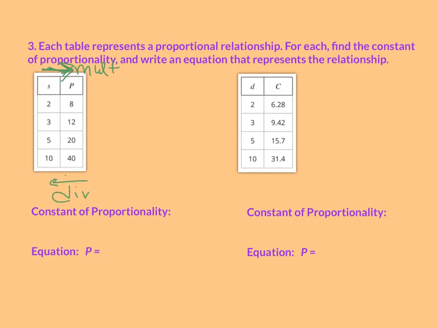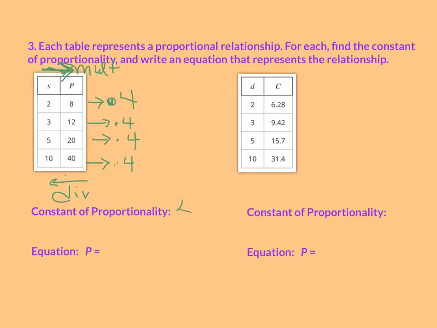So 2 times what equals 8? Well, that, of course, is times 4. I'm sure you all knew that. 3 times 4 equals 12. 5 times 4 equals 20. And 10 times 4 equals 40. So there's our constant of proportionality.